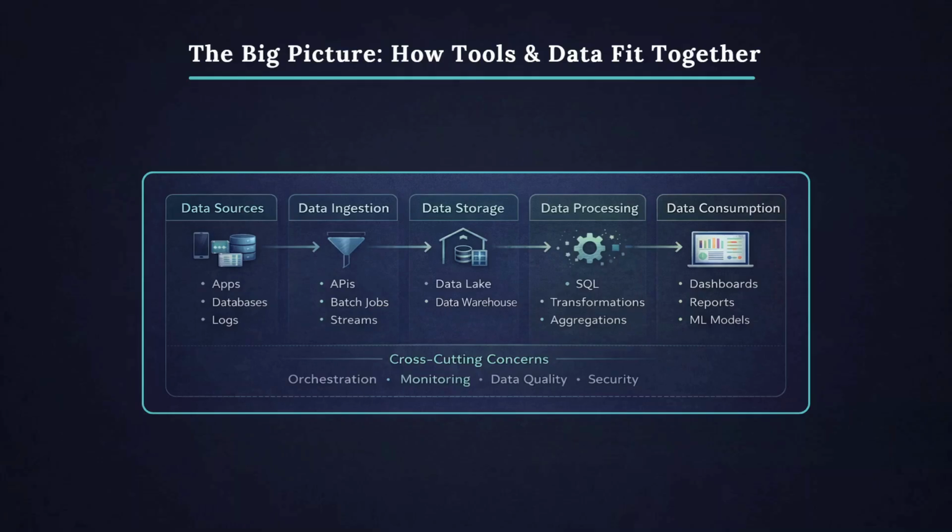All of these concerns don't belong to just one stage. They support the entire data pipeline. Once you see the data pipeline this way, tools start to feel much less confusing. They are simply the pieces that fit into a big picture, a system that turns raw, messy data into clean, useful data that people can actually use.